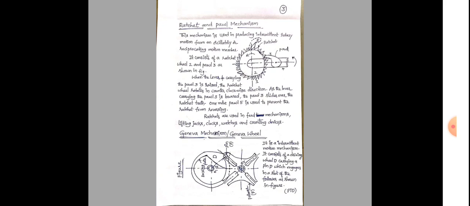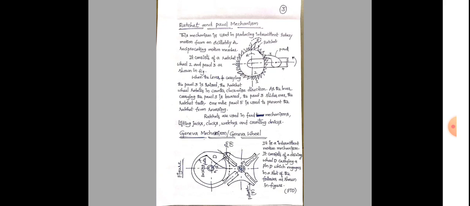First, I told what are the types of straight line motion mechanism, broad classification. One is exact, another one is approximate. As far as the syllabus is considered, we have only one exact straight line motion mechanism, that is Peaucellier, and one approximate straight line mechanism, that is Robert's mechanism.